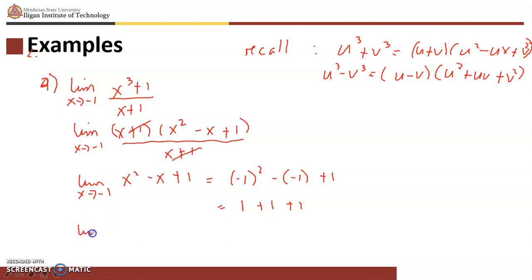Meaning to say the limit of x cubed plus 1 all over x plus 1 as x approaches negative 1 is equal to 3. Okay, so we'll end up with the 2 examples.